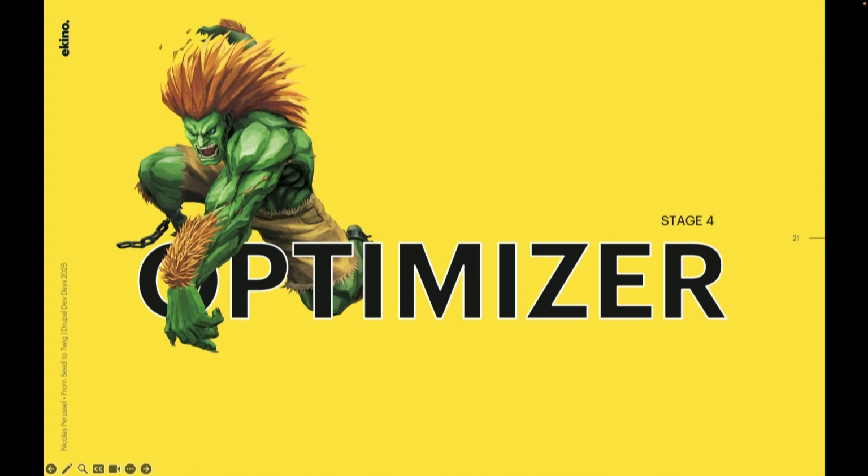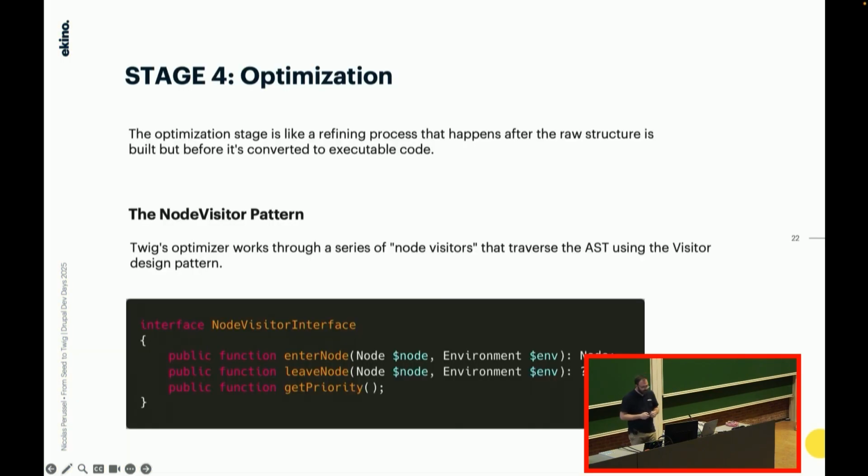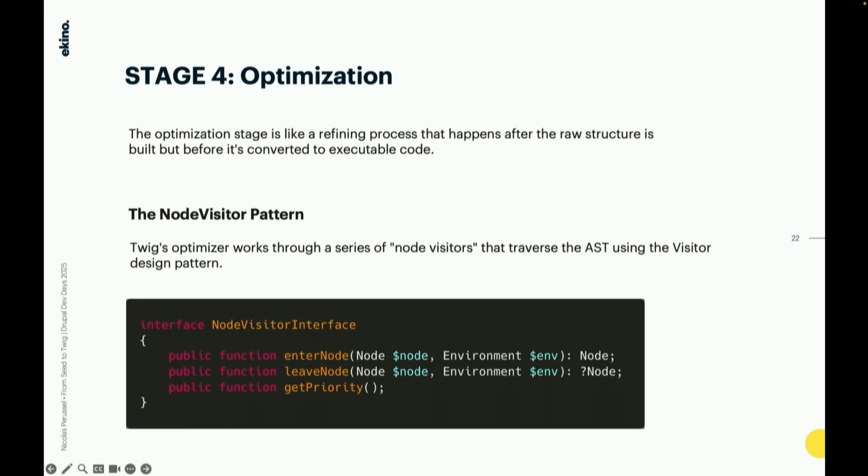After the semantic analysis, we have an optimization phase. The optimization phase is very important because the fewer nodes you have inside your AST, the faster it will be compiled. The aim is to optimize the number of nodes. Okay? So here is how Twig handles the optimization phase.